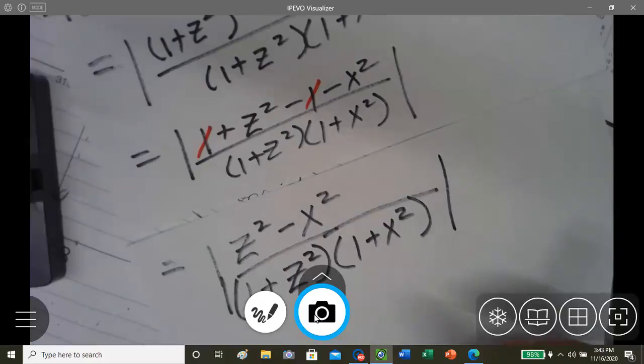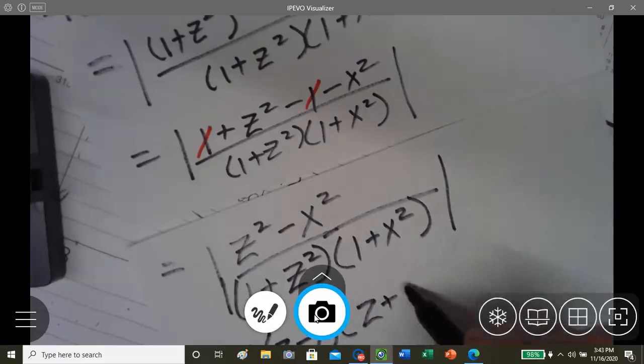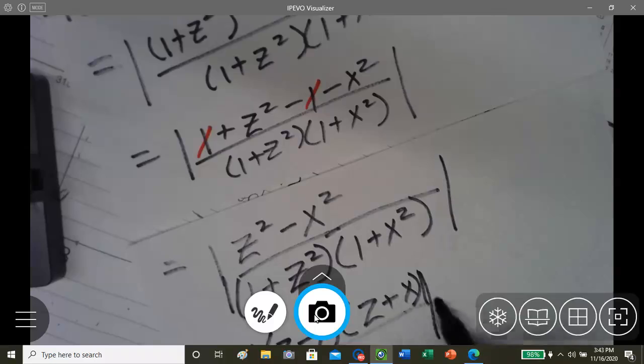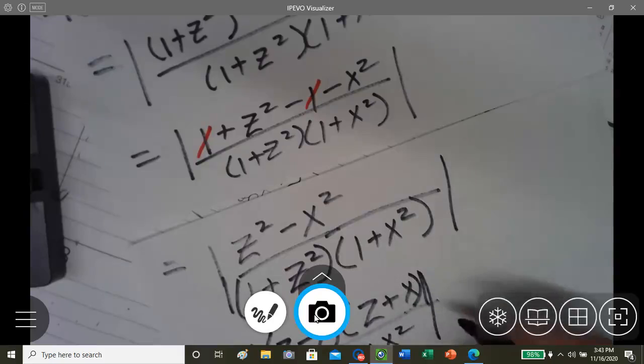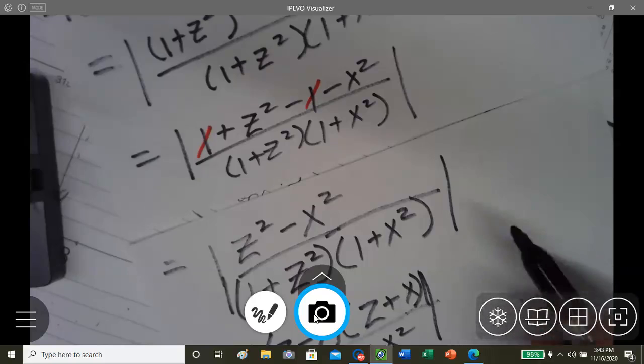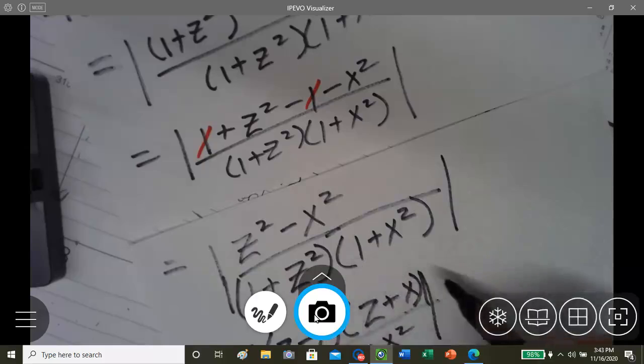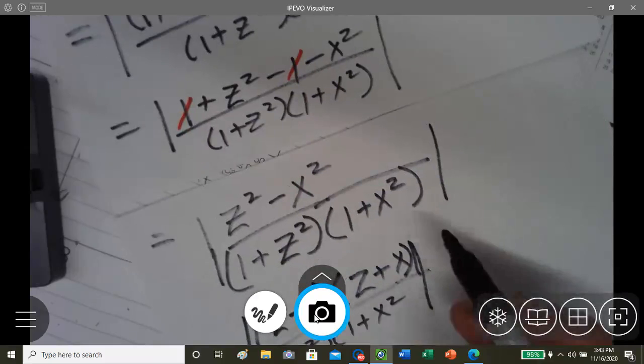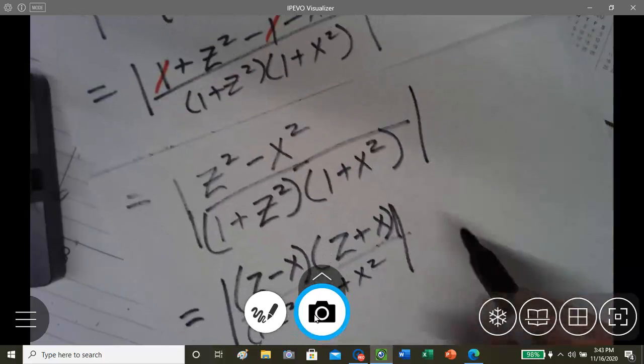Okay, so from here we can factor that: z minus x, z plus x, and that's all over 1 plus z squared, 1 plus x squared. Since this is z minus x in absolute value, we can split this right here.